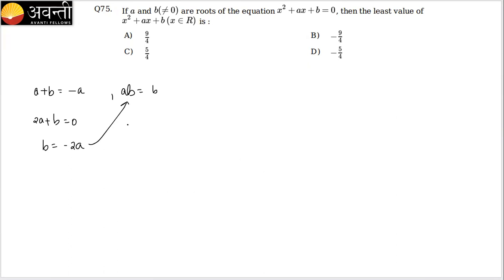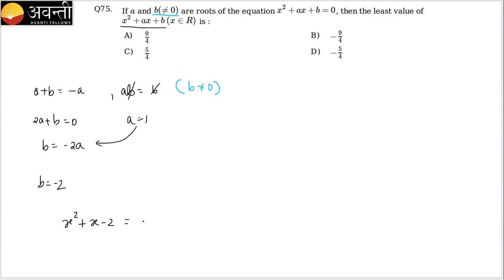No need to substitute here, I can already cancel B. Why can we cancel B? Because B is not equal to 0, it is given. So I'll get A equals 1, and if I substitute it here, I'll get B equals minus 2. So this quadratic expression will now become x square plus x minus 2.